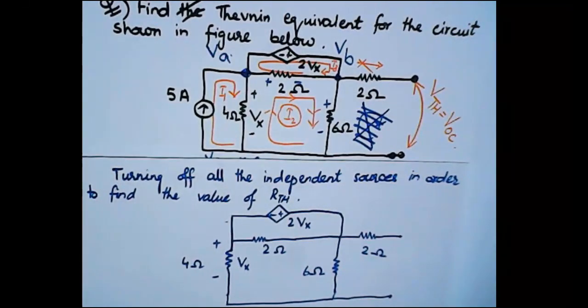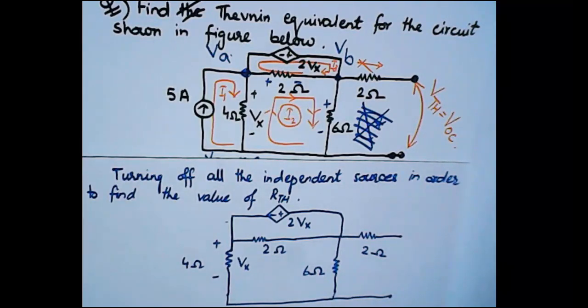Now if you analyze the circuit in this scenario, you can see that there is a voltage source. We do not know the resistance of a dependent voltage source. Its resistance is bound to decrease or increase as per the circuit parameters. This is what we were talking about. In such scenarios, you cannot find the Thevenin resistance by simply solving the circuit in series or parallel or star or delta.